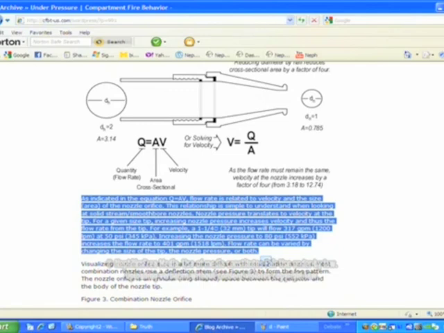For example, a 1 1/4 inch tip will flow 317 GPM at 50 psi. Increasing the nozzle pressure to 80 psi increases the flow rate to 401 GPM. The flow rate can be varied by changing the size of the tip, the nozzle pressure, or both.